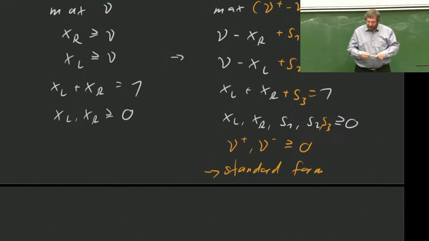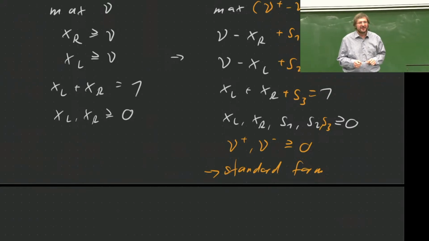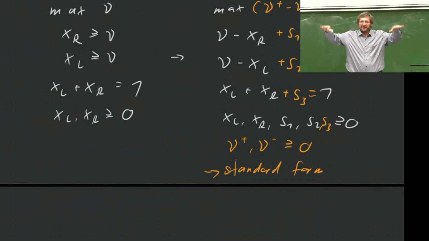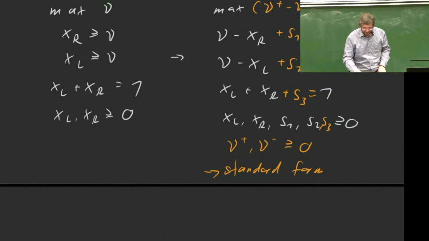And that means now we can turn this into a simplex tableau, and we can start doing our computations. Question? Could you please be a little more quiet so I can understand the question? So you mean for which constraints?